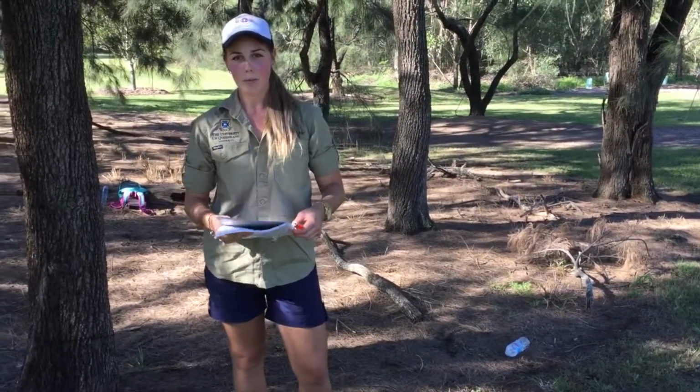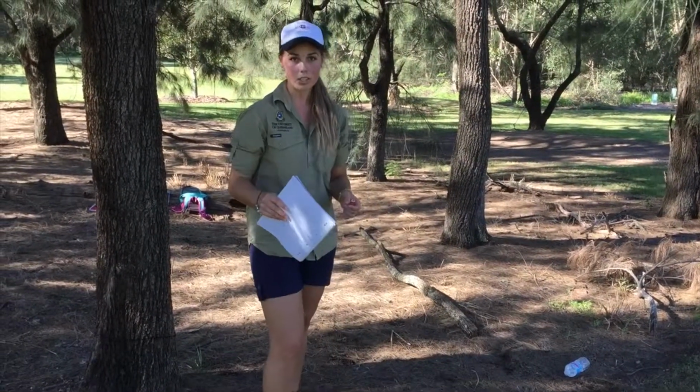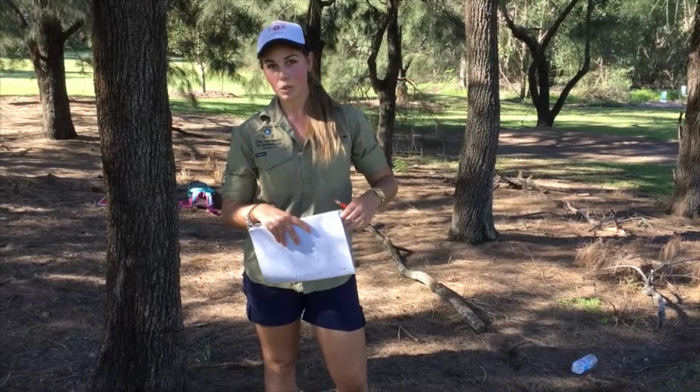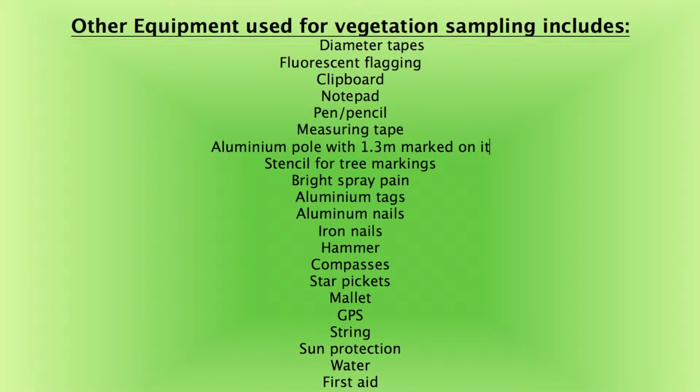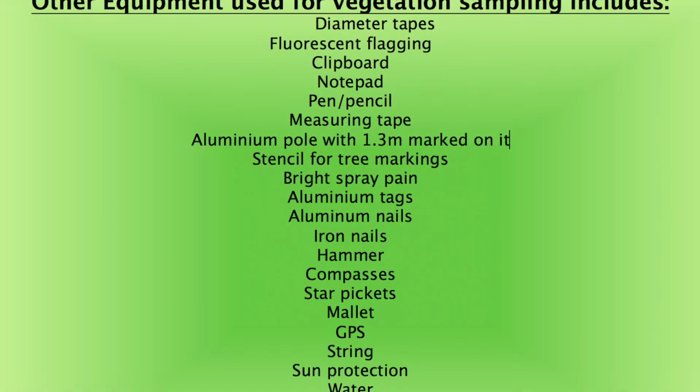You could also have a GPS to mark out the coordinates of your vegetation sampling plots, and you can take a computer with you so that you can directly upload any data from your samples. Here is a list of some other types of equipment that is also used for vegetation sampling.